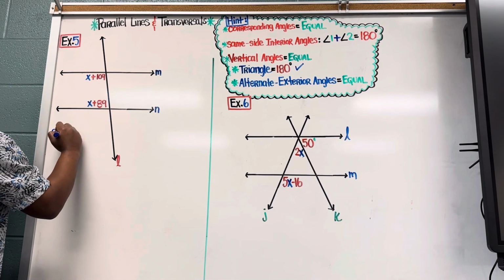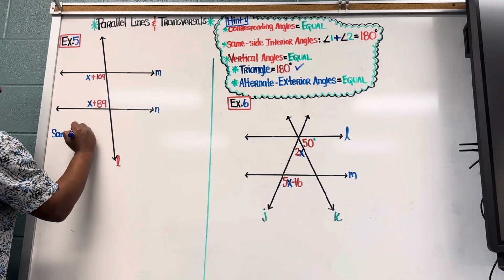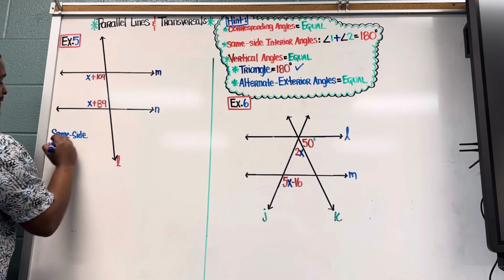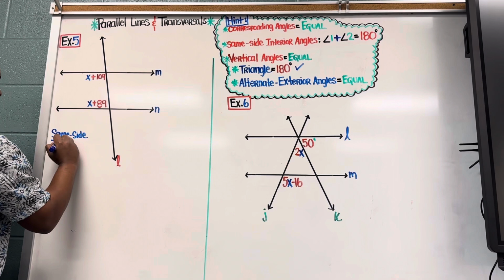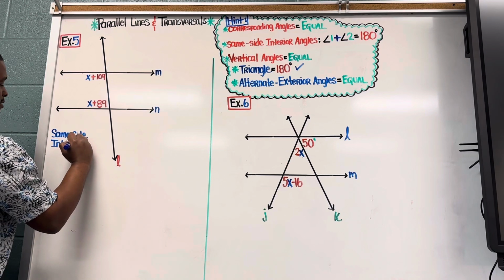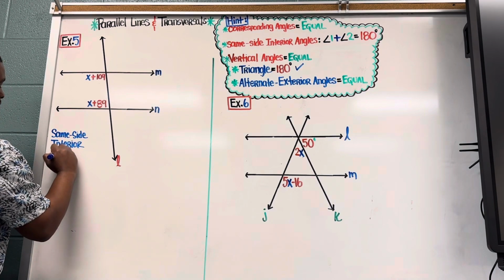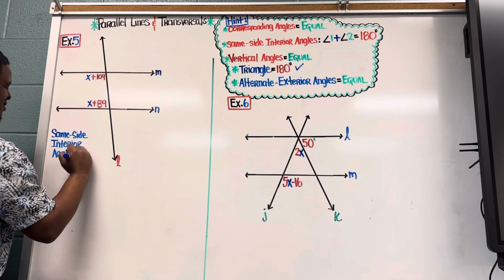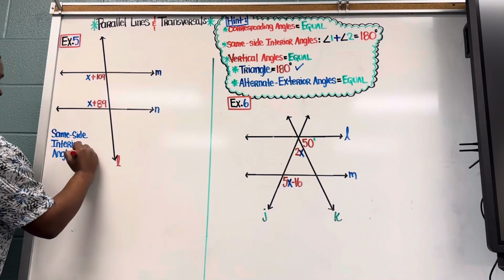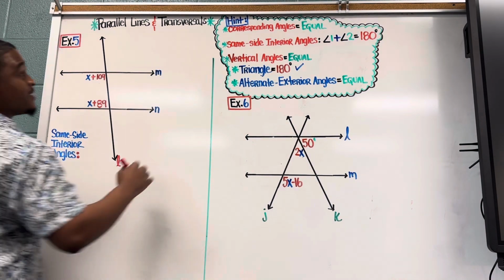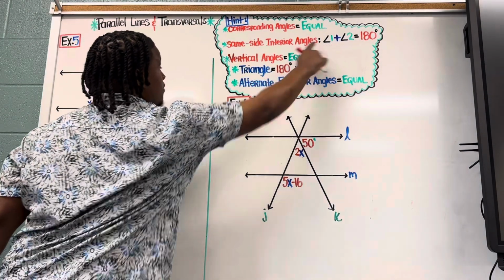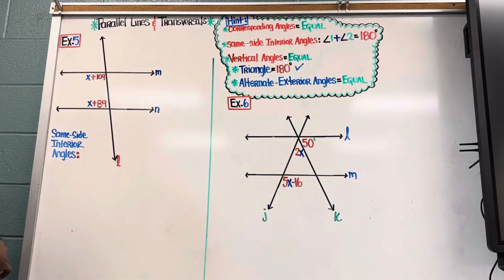I'm gonna write it. Same side interior angles. Same side interior. Remember, same side interior. Both of those angles added together will equal 180, right?